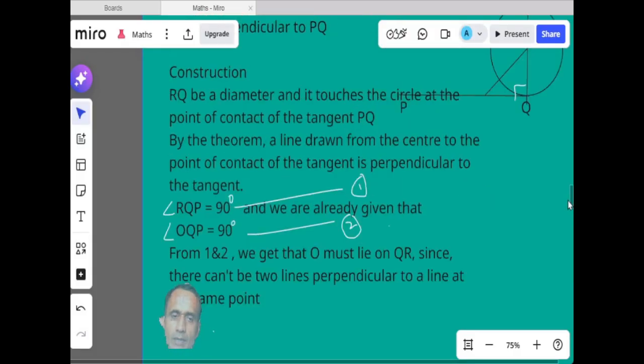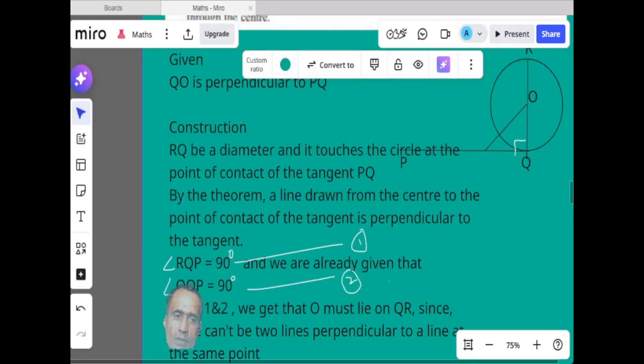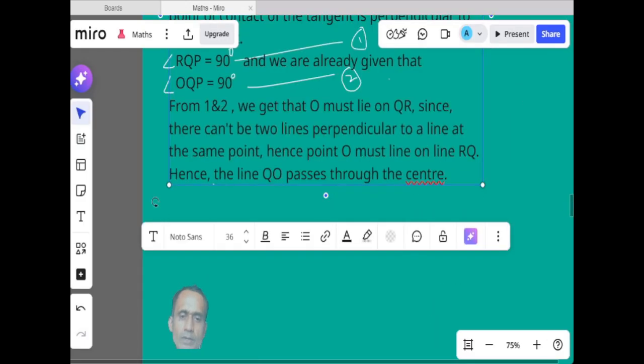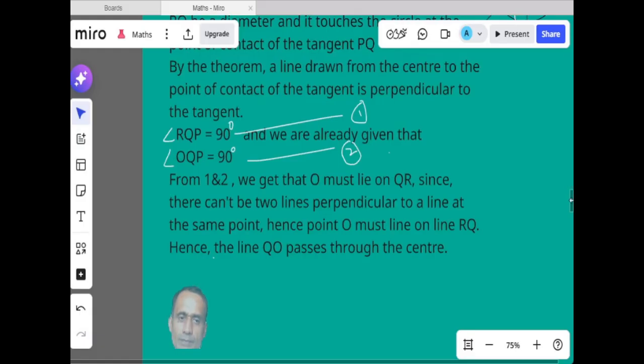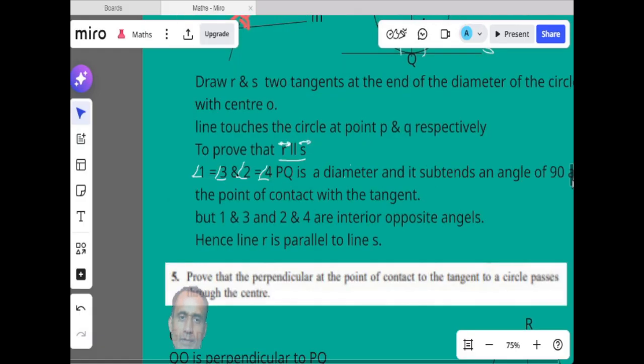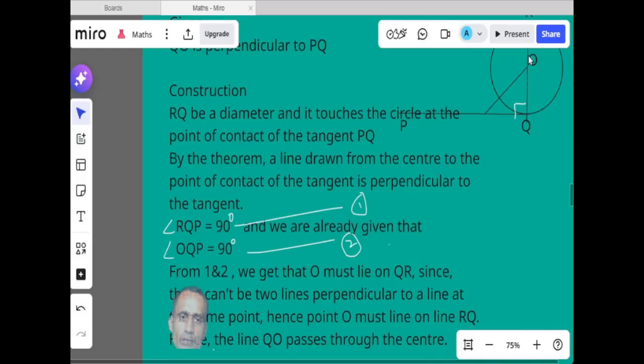So that means that O must lie on RQ. These two lines must be the same. That means that line QO passes through the center of the circle.